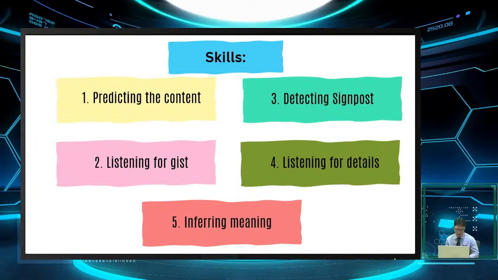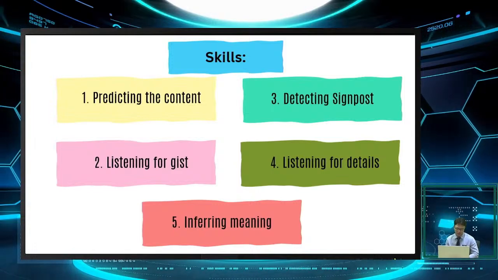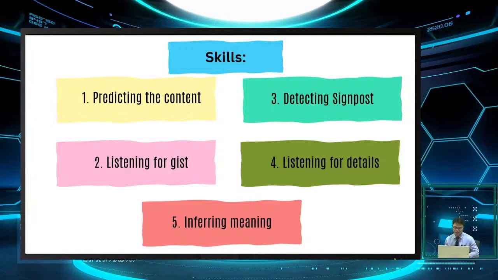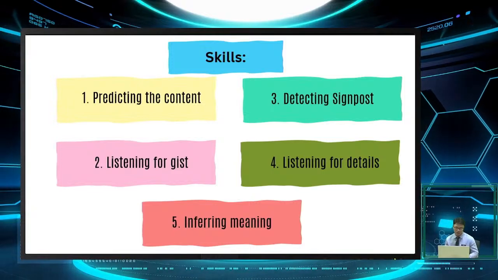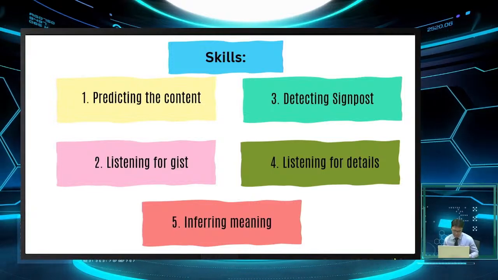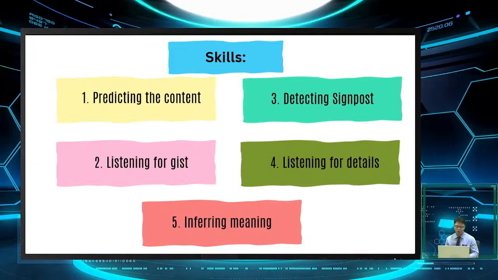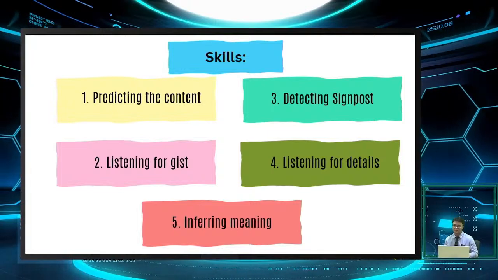Now, number 3, you need to detect signposts. So signposts here would be words such as furthermore, in contrast, however, that will give extra information. For example, furthermore will show you that you're going to take on the next point. And in contrast would be to show the opposite.